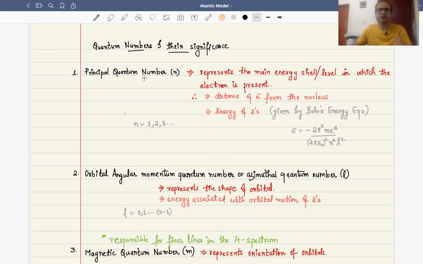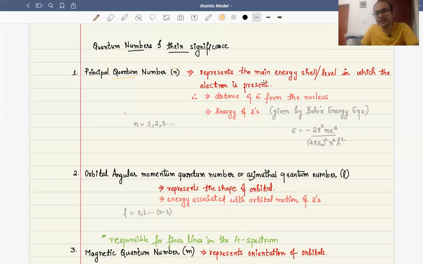Let us start with the principal quantum number, which is represented by a small letter n. The principal quantum number is a quantum number that was introduced initially by Niels Bohr. He himself introduced this quantum number, and as we know from Niels Bohr, this quantum number implies the main energy shell or the level in which the electrons are present.